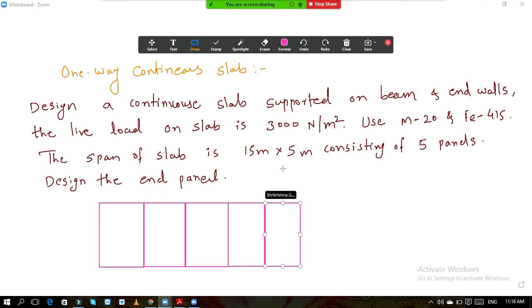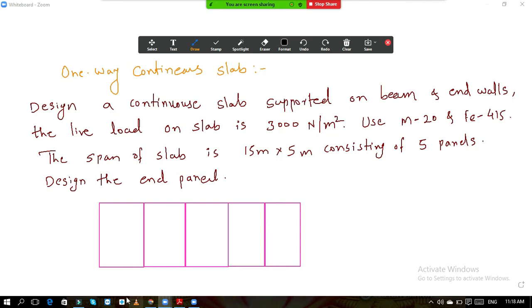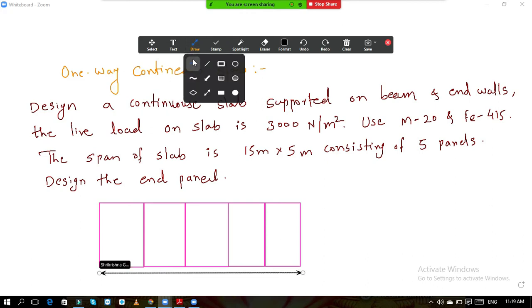Okay. So what they have mentioned is 15 meter by 5 meter. If you measure this total length, it is given as 15 meter.